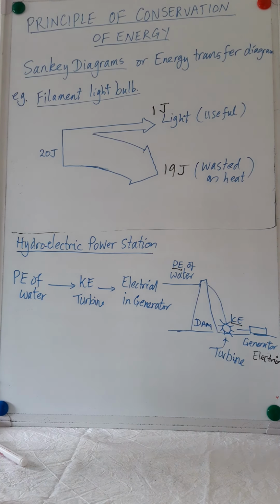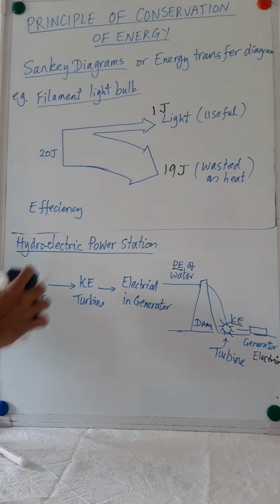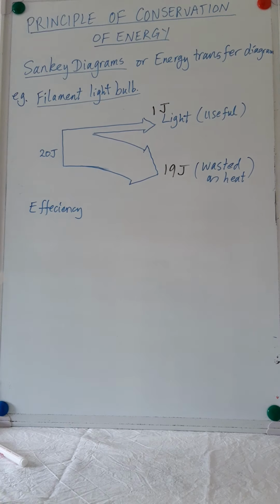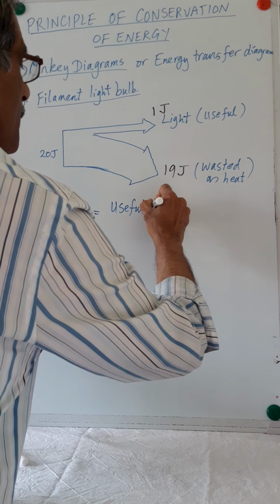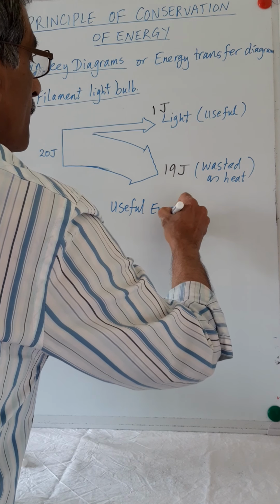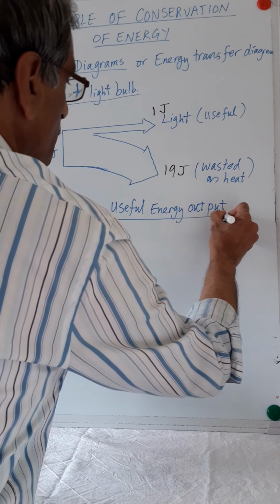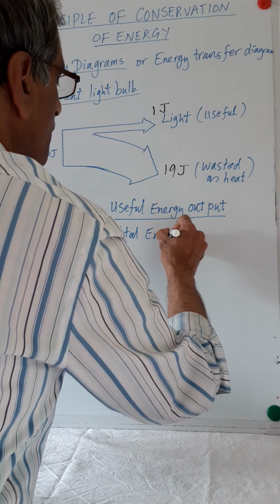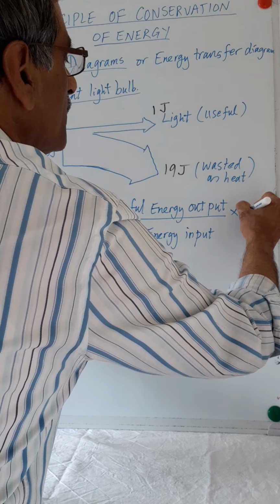We can define the efficiency. The efficiency is defined as the useful energy output divided by the total energy input, times by 100.